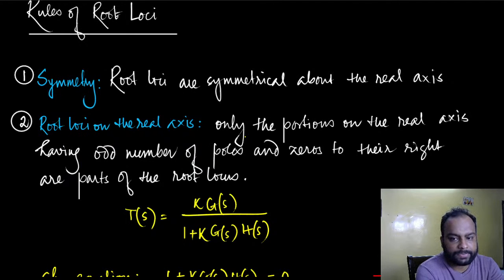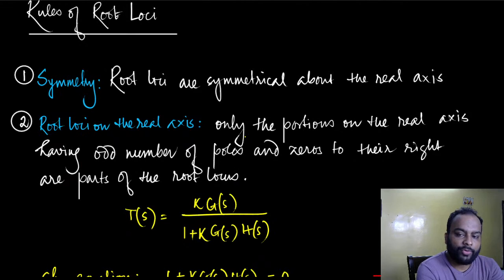So the root locus has to be either on the real axis or have complex conjugate point pairs, and that way it has to be symmetric about the real axis.